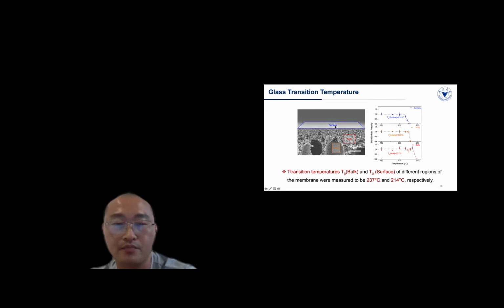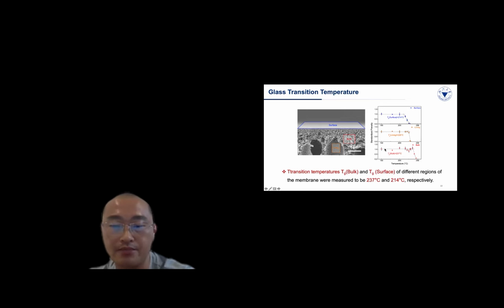Based on the different porosity, we check the surface. The Tg was 214 degrees. Also at this part, the Tg was 226 degrees, and the void part was 237 degrees.